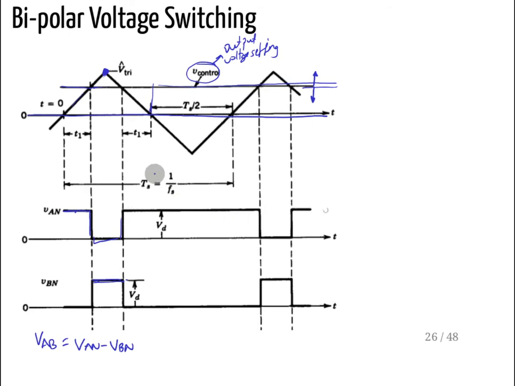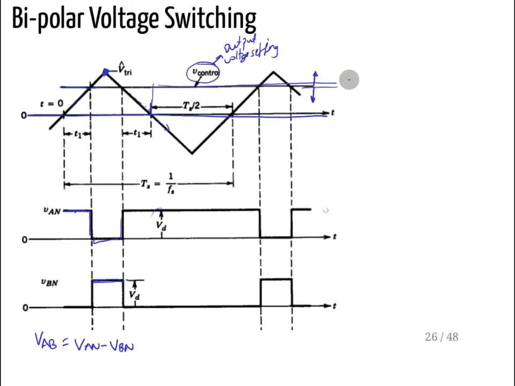a positive signal. So my triangular waveform is here and my control is there, so I am giving less voltage, so I need to give more voltage, so let's apply a positive voltage. I'm applying a VD voltage here, and then my triangular waveform goes above my voltage setting.